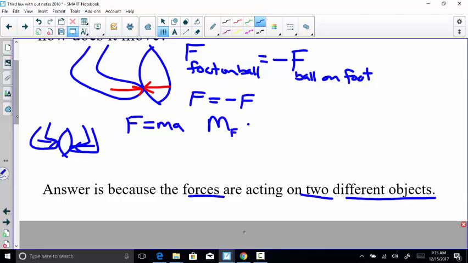But the acceleration of the foot is going to be small. But that's also going to equal minus the mass of the ball, which is small, times the acceleration of the ball, which is actually going to be much larger. So masses and accelerations can also be different.